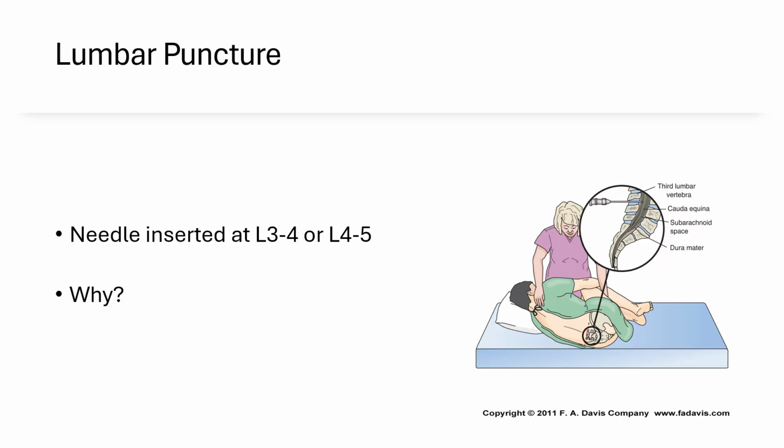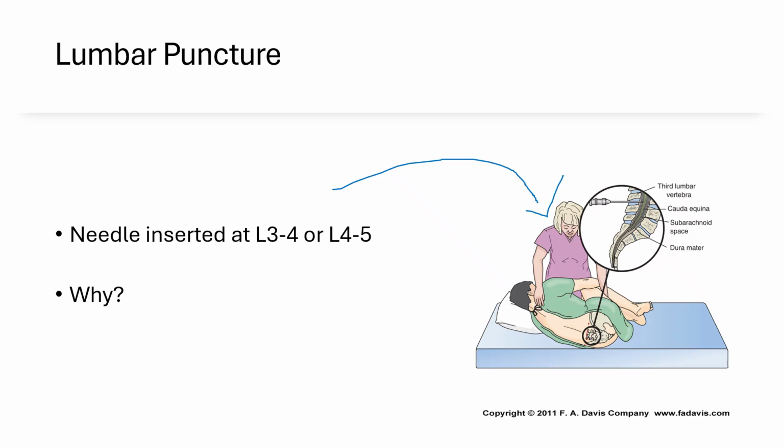For the positioning, as you can see here in the picture, you are going to get the patient to be side lying, usually with the knees pulled up, or sitting on the side of the bed with their body curled up, like the chin to the chest and the shoulders rolled.